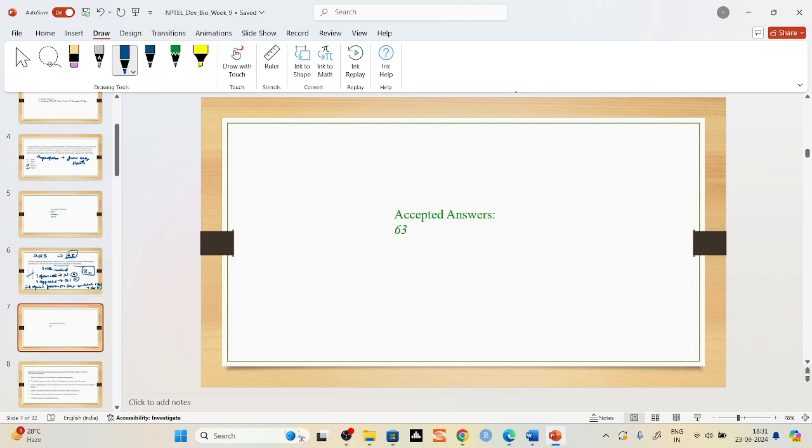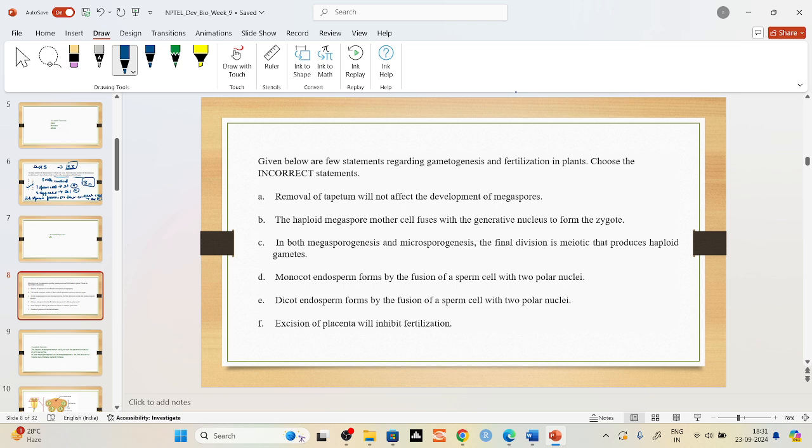Fine. Okay. Now the next question says, given below are a few statements regarding gametogenesis and fertilization in plants. Choose the incorrect statements. First statement: removal of septum will not affect the development of megaspores. Second: the haploid megaspore mother cell fuses with the generative nuclei to form the zygote.